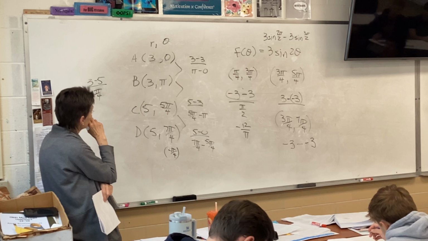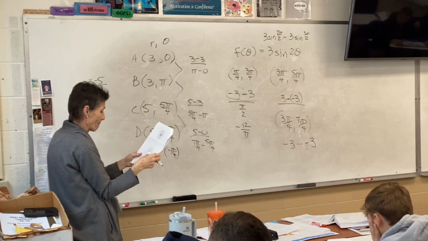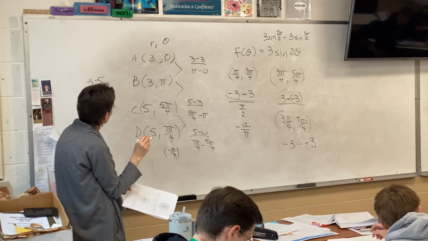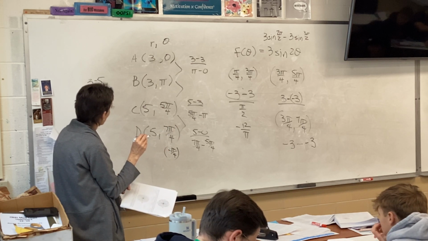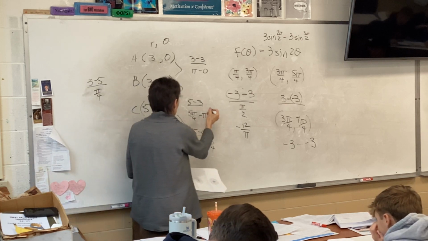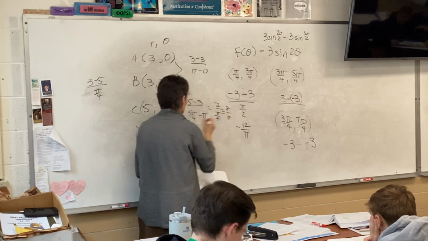All right, what do we come up with? A to B, I got 0, did you? What about B to C? I got 8 over pi.